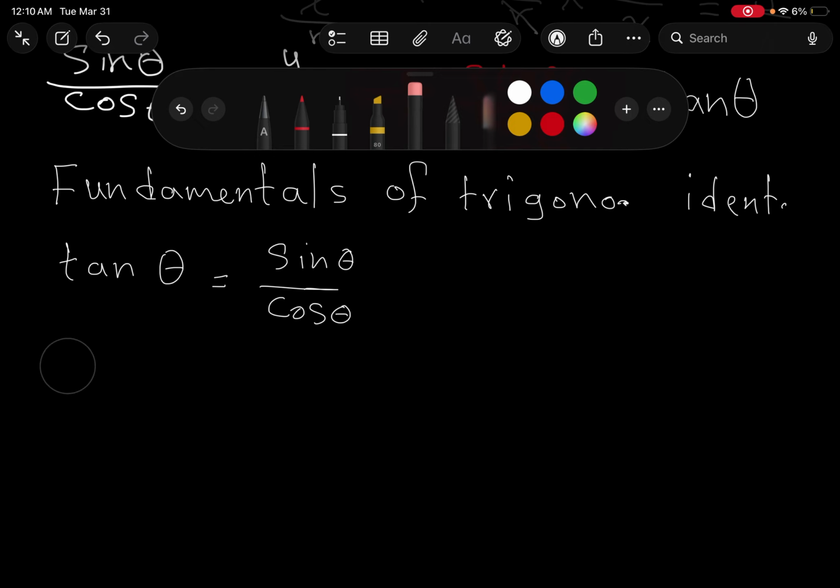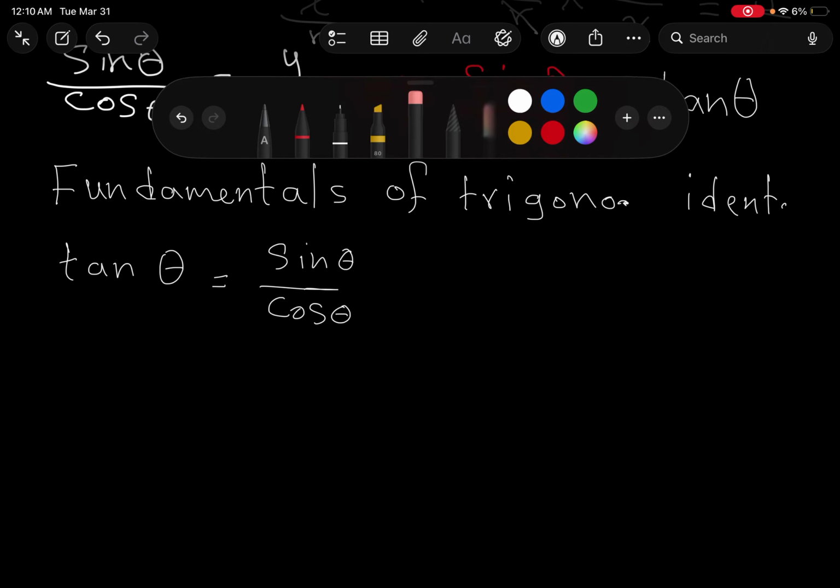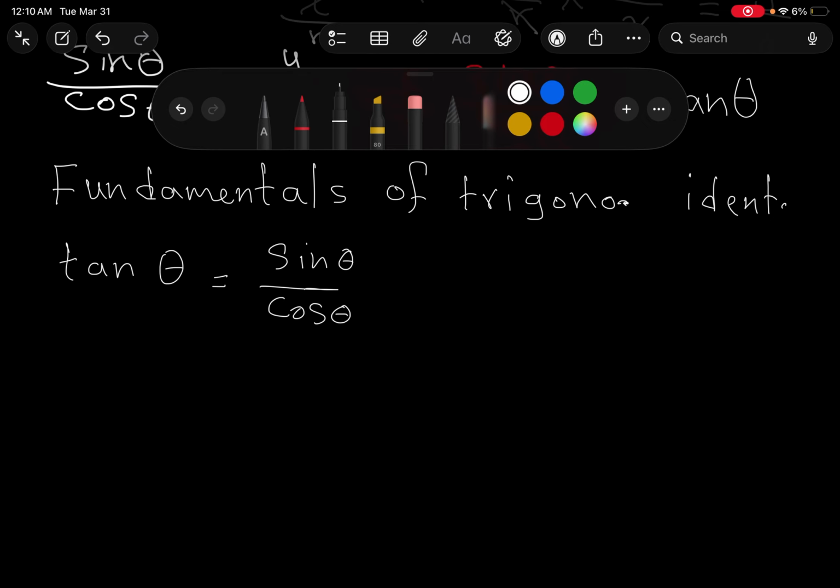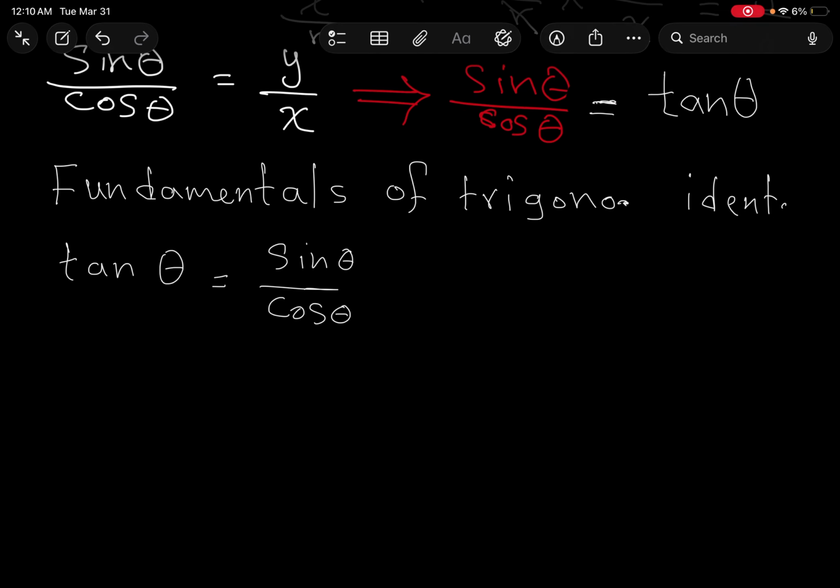I want the rubber to cancel the mistake. We have the general formula, sine. You should memorize it because it's so crucial, this formula. Please guys, you should memorize this formula.